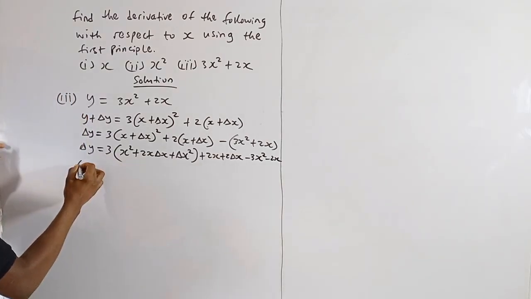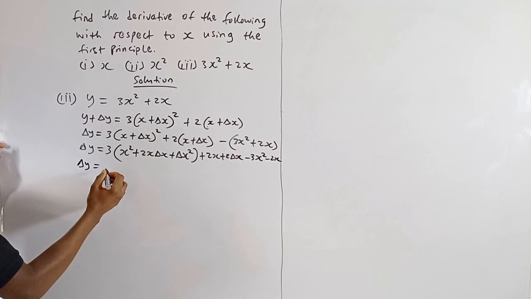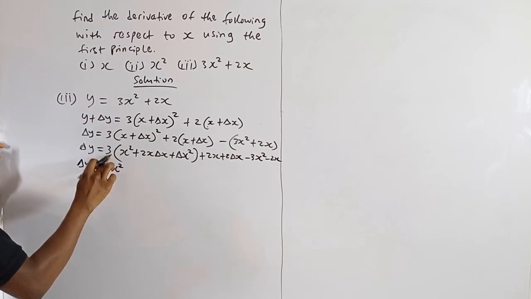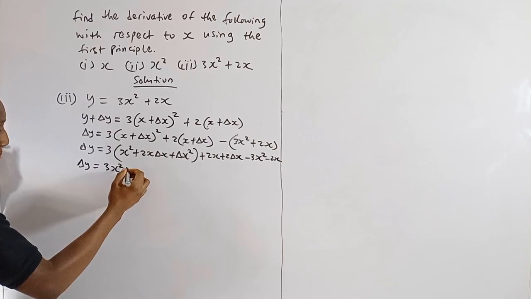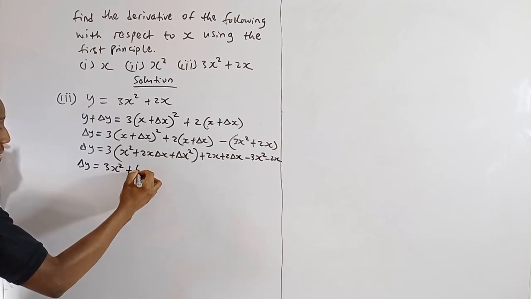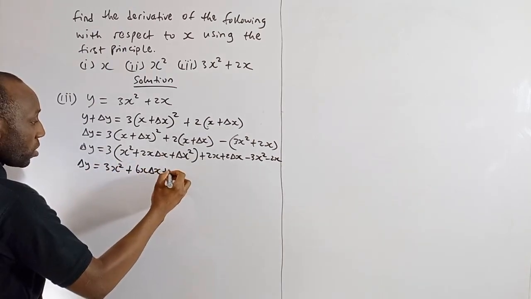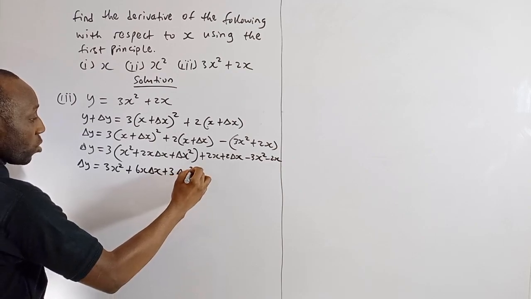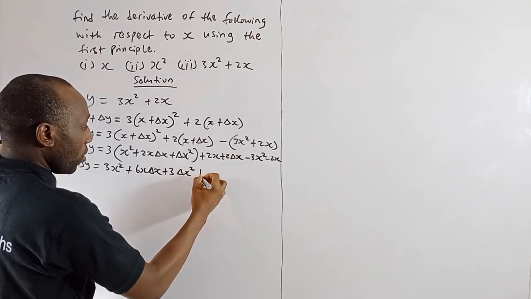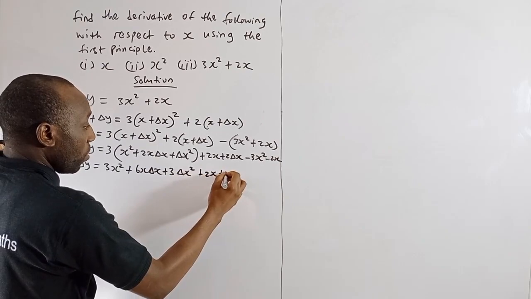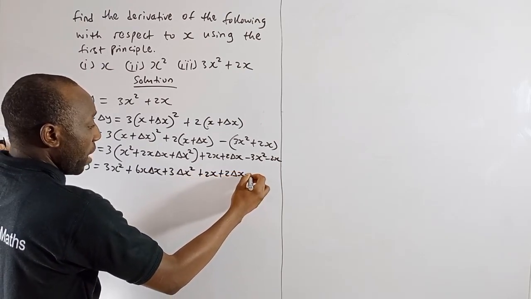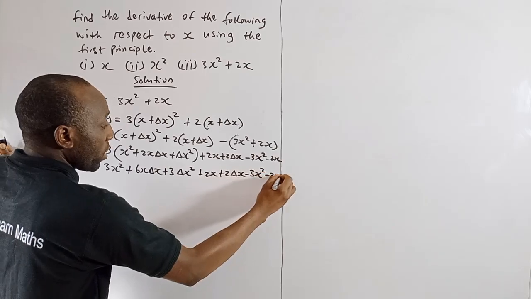Now let's expand this. So change in y will be equal to 3 times x squared is 3x squared. 3 times this is what? Plus 6x change in x. Then 3 times this is what? Plus 3 change in x squared. Then you have plus 2x plus 2 change in x minus 3x squared minus 2x.